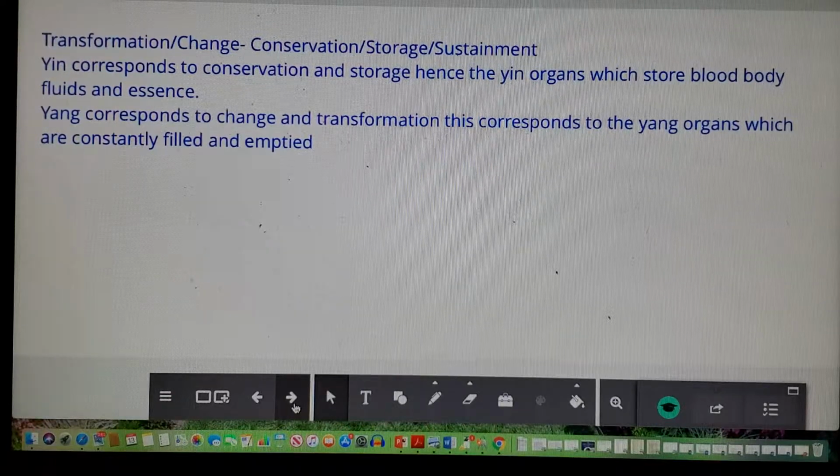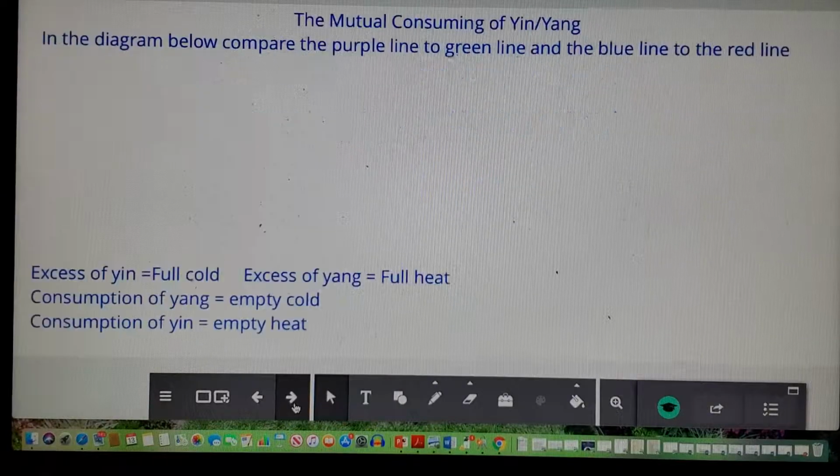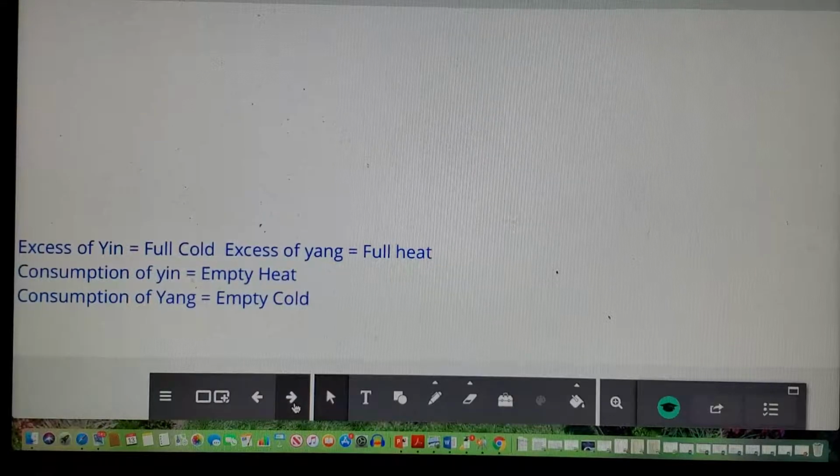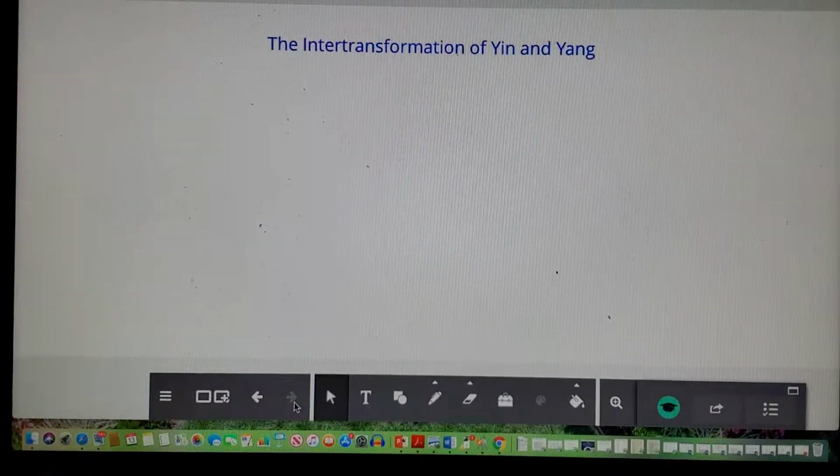Sorry, I'm talking about the large intestine; the large intestine is yin. Yang corresponds to change and transformation. This corresponds to the yang organs, which are constantly filled and emptied. You can't see that.